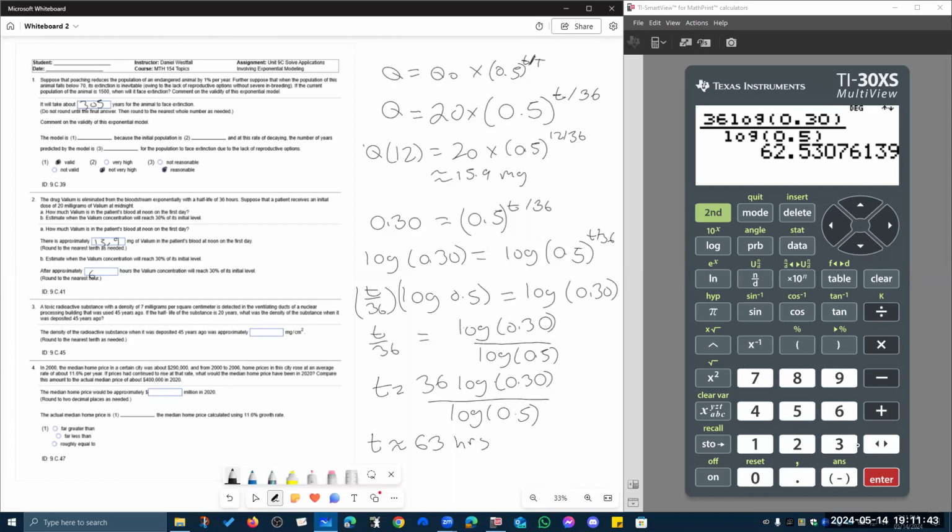And you kind of get the idea now that stuff probably stays in your system a whole lot longer than you think it does. So there's still 30% of the dose in your system after 63 hours. And this is one of the things that we're probably going to talk about.